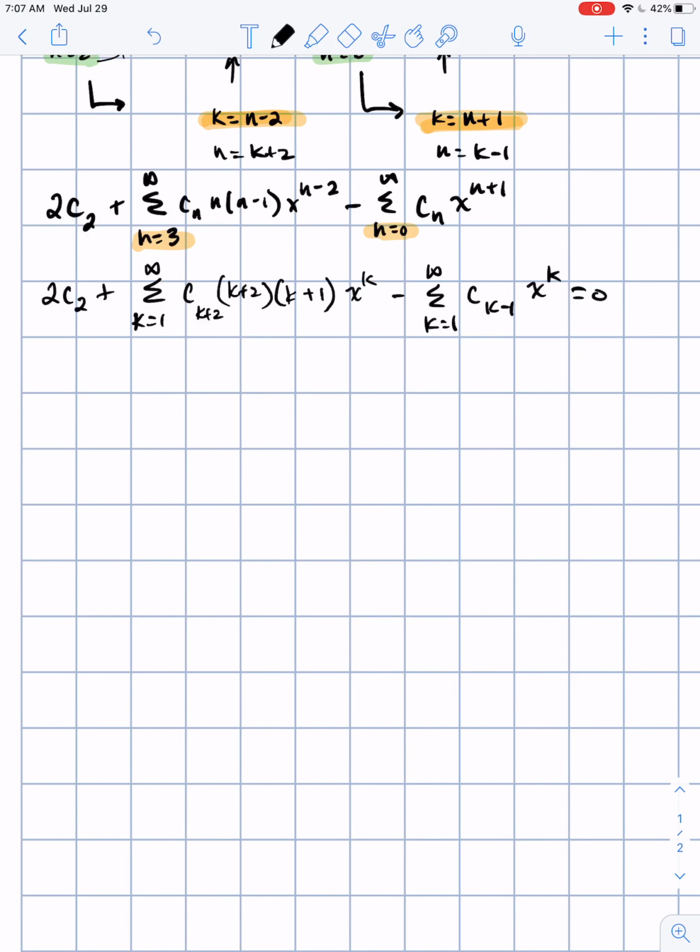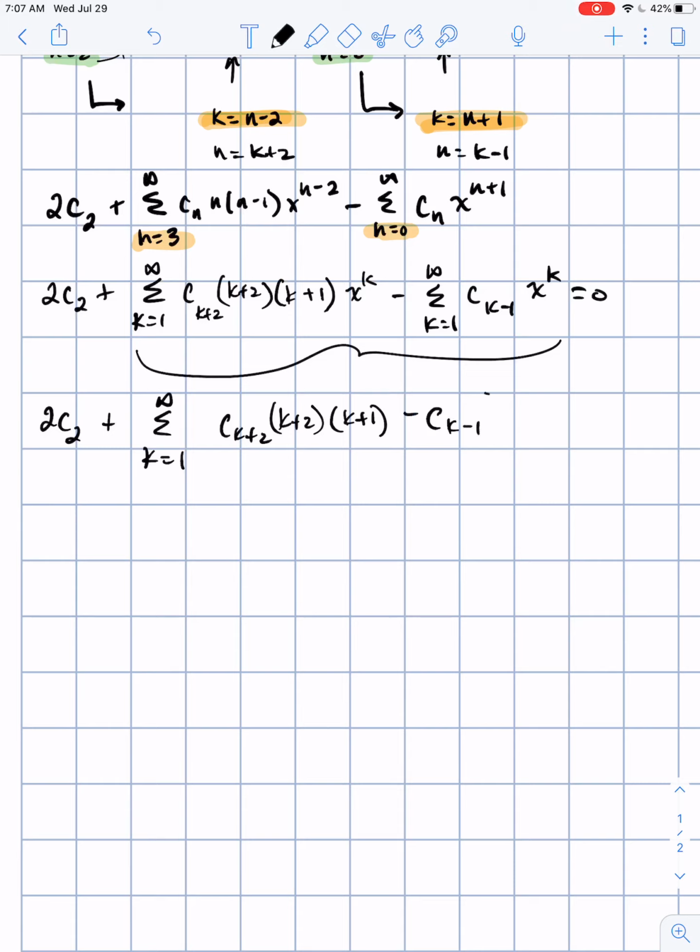Now at this point, we want to subtract these together, and then I'm going to factor out that x to the k. So it'll look like this when you do that step. You'll have c sub k plus 2 times k plus 2 times k plus 1, minus c sub k minus 1, and then multiplied by x to the k, and then that equals 0.